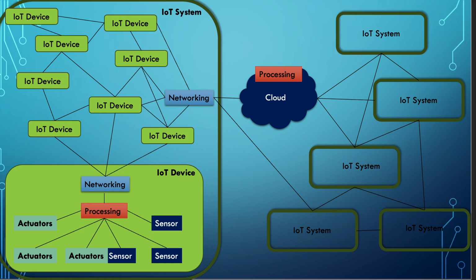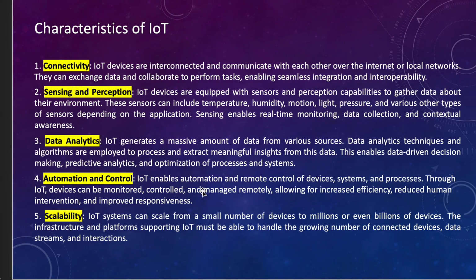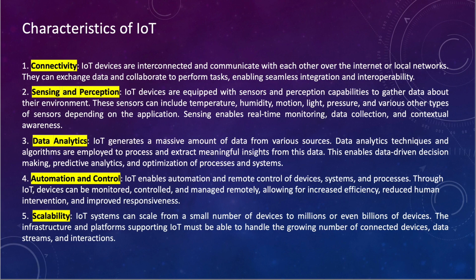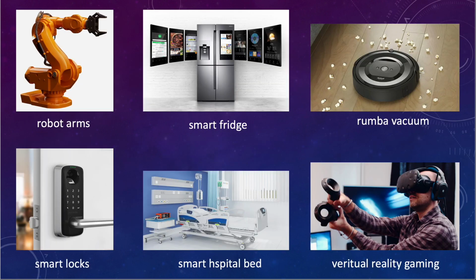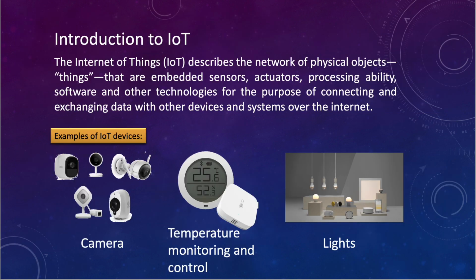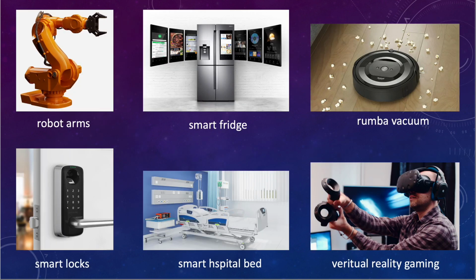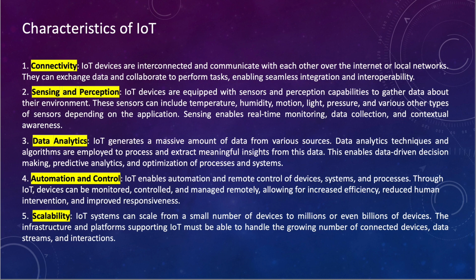So let's start from one corner of this diagram, which would be the IoT device. These IoT devices would be the devices that we talked about as examples, right? It's not only that. When we talk about these IoT devices, one of the main points is connectivity.